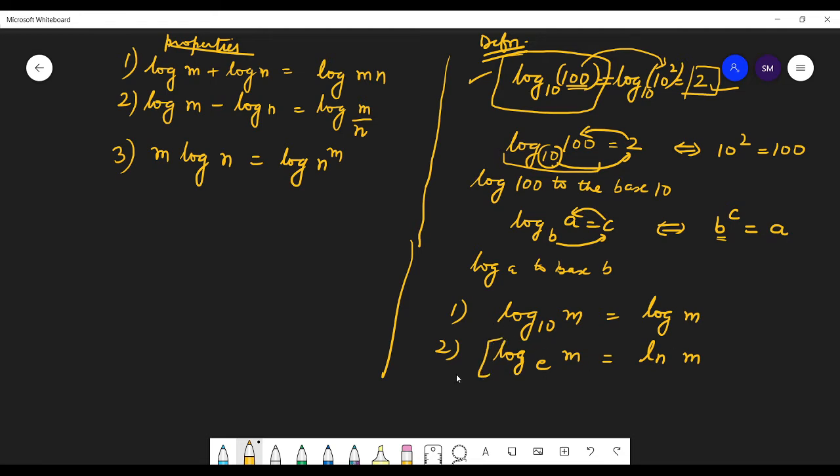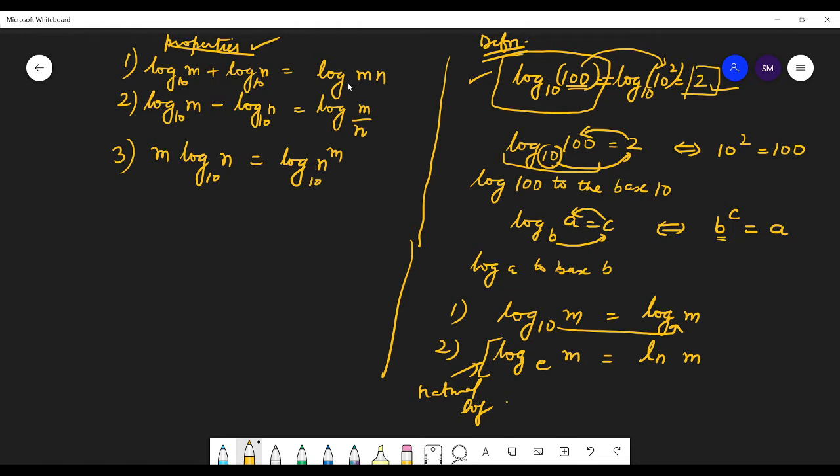If no base is written, you can assume that its base is 10. Now we have some properties of log. You can assume that their base can be 10 or E, that's your choice.